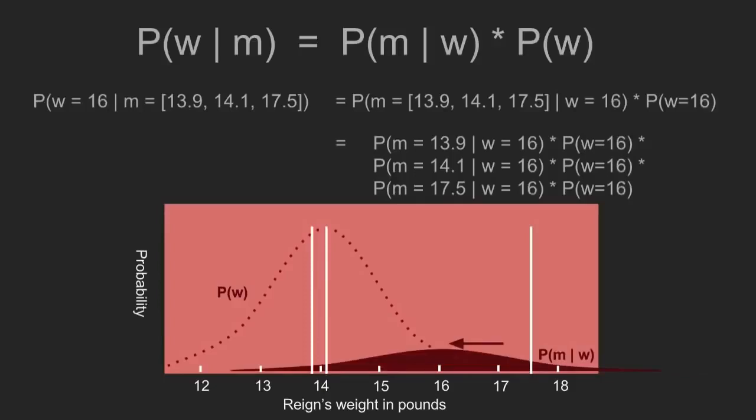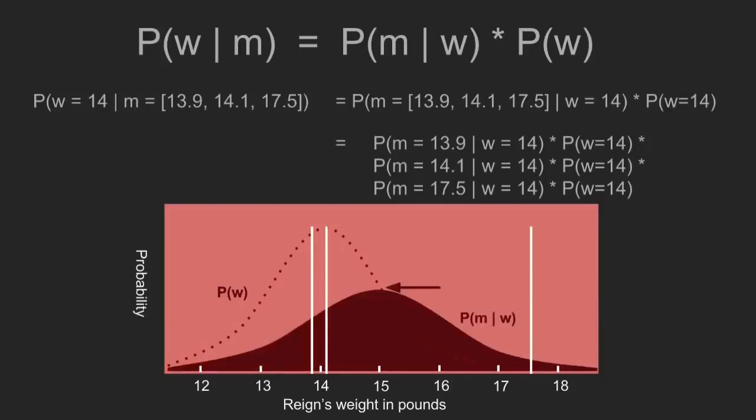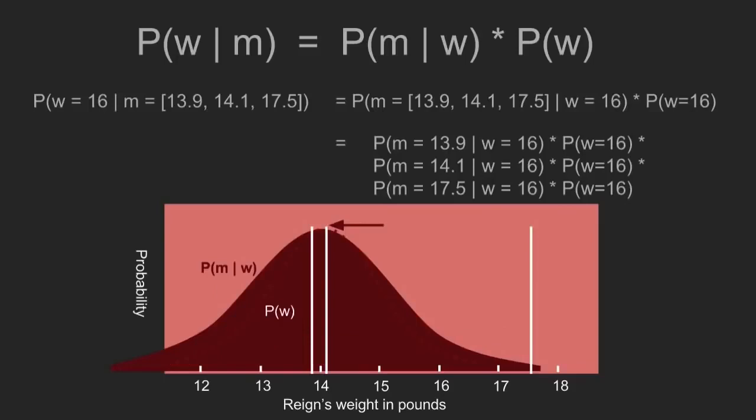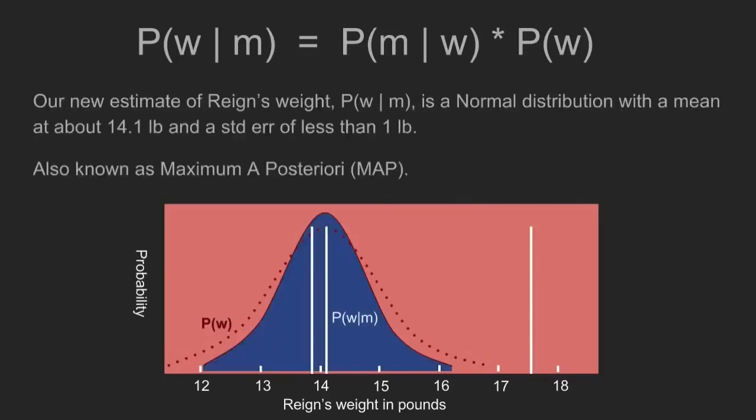And now we repeat this process at 16 and a half pounds and 16 pounds and 15 and a half pounds and 15 pounds all the way through. And then by the time we're done, we tally up all of those and we get this new posterior distribution. It's normally distributed at about 14.1 pounds, and it has a standard error of less than a pound.